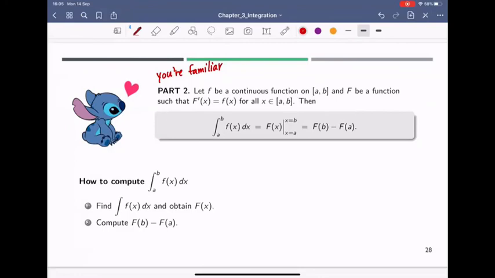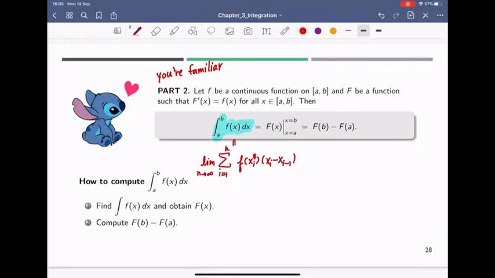Because before, when you compute the integral from a to b of f(x) dx, if you don't have this theorem, you have to pick x_i star, and then pick x_{i-1}, and then compute the Riemann sum, and then take the limit.